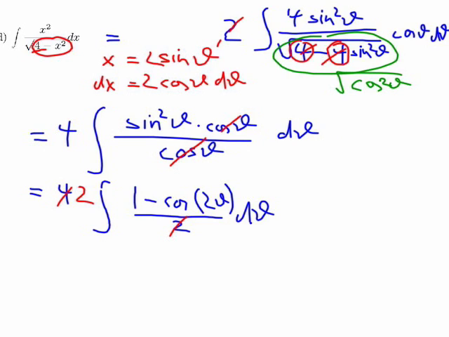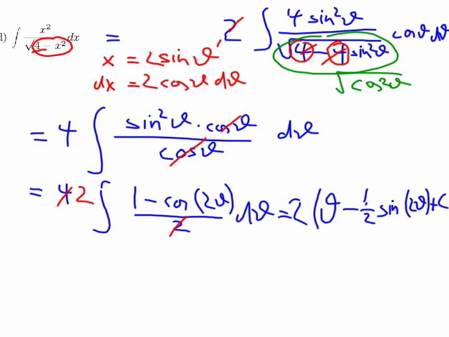Well, an antiderivative of this is rather easy, so we get 2 times: the antiderivative of 1 is theta, the antiderivative of the cosine 2 theta is 1/2 the sine of 2 theta, and we have an integration constant c.